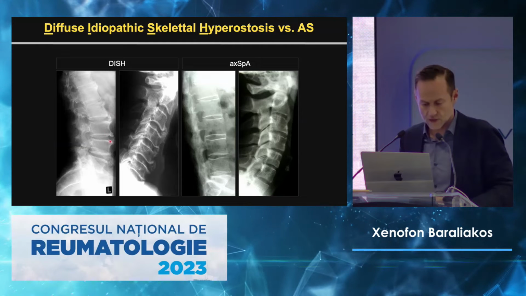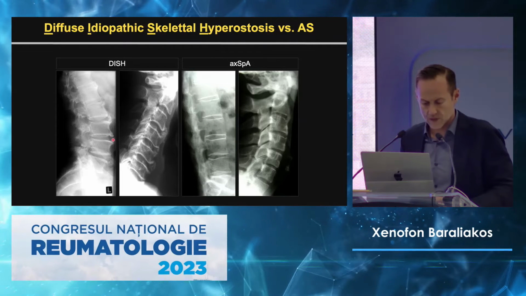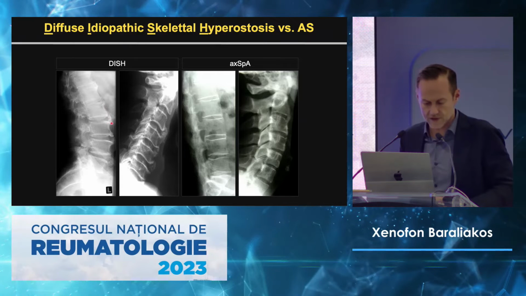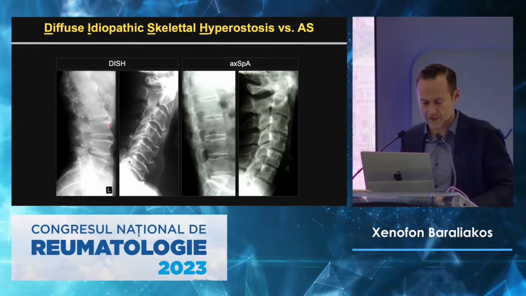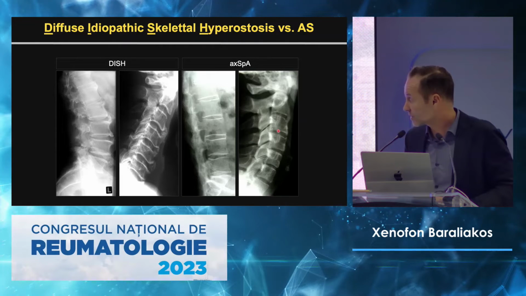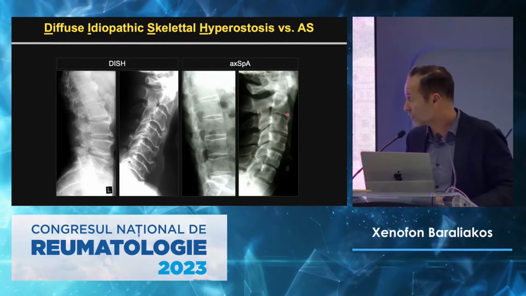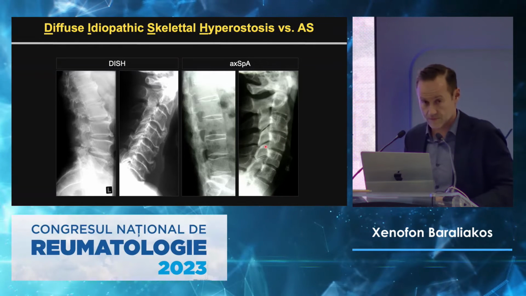Yeah? So they are really going more circular, and they are thicker. They seem to run alongside the anterior longitudinal ligament, you can see that nicely here. Whereas in spondyloarthritis, you really have the connection between the two segments.